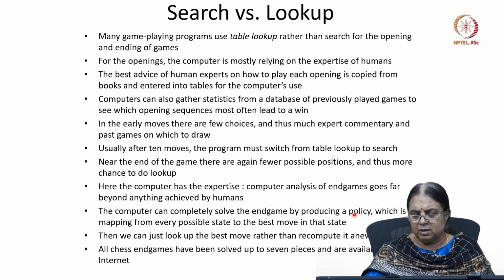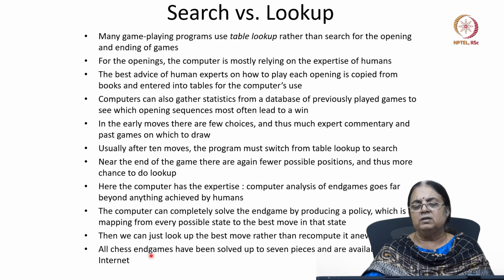Next, all these different techniques can be used to make the games better, and the idea was to get a grandmaster status for the computer program. So they have used a number of different techniques to do that.